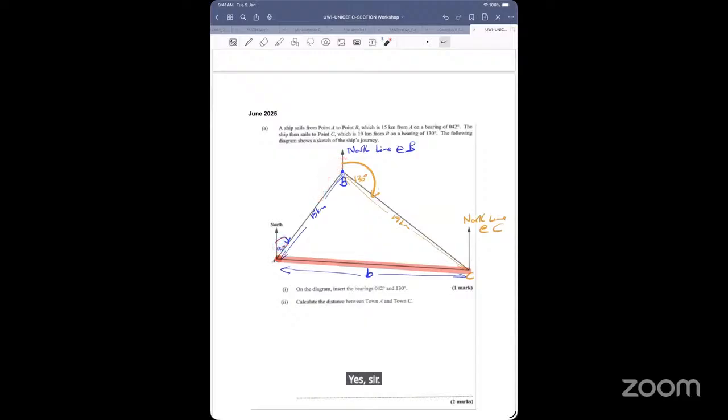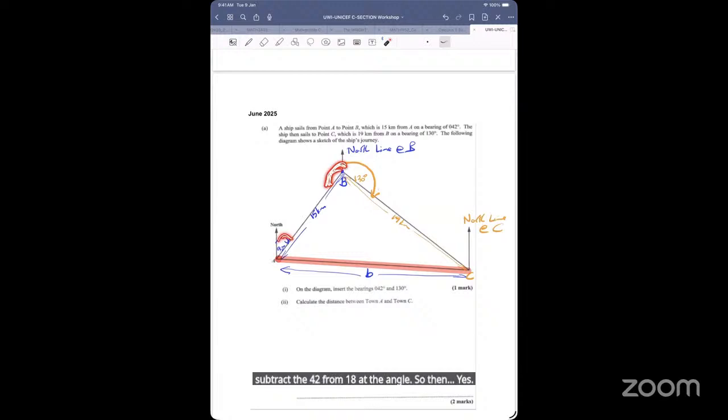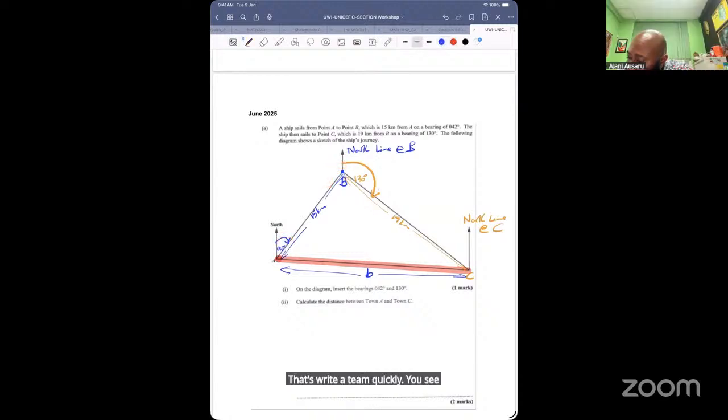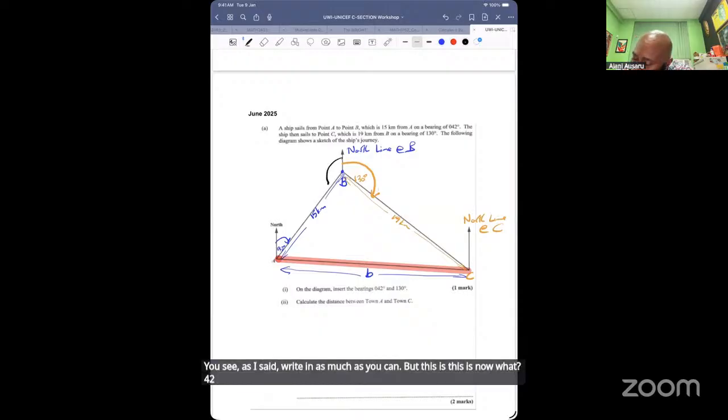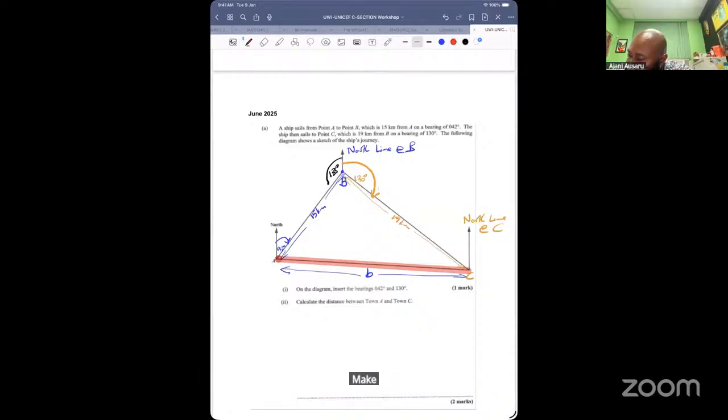How did we do it earlier? Subtract the 42 from 180 and get the angle there. These angles are called co-interior angles, right? So this is 42 from 180, which is 138. Make sense? Yes, sir.